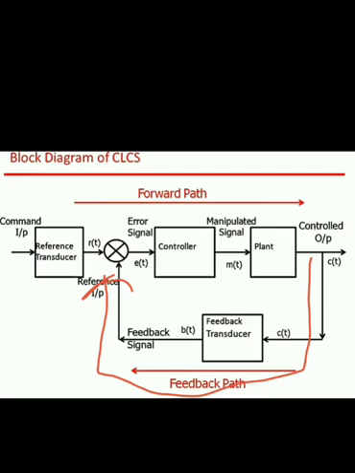If the output is not the desired value, we can adjust it by feeding it back. And the error is detected here. This error is given to the control system and we get the desired output.